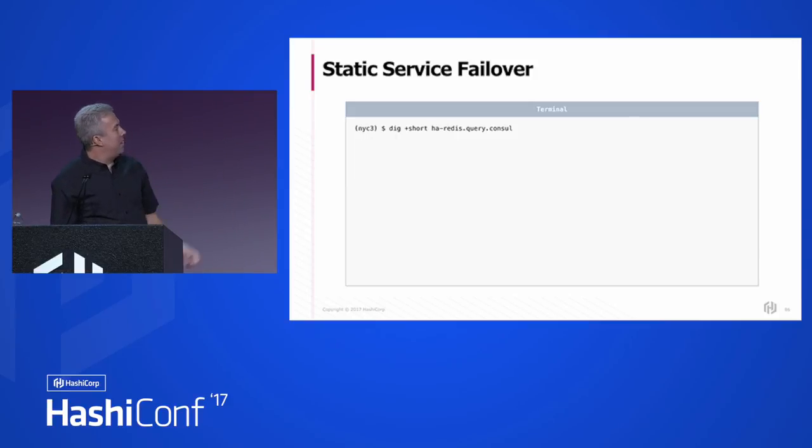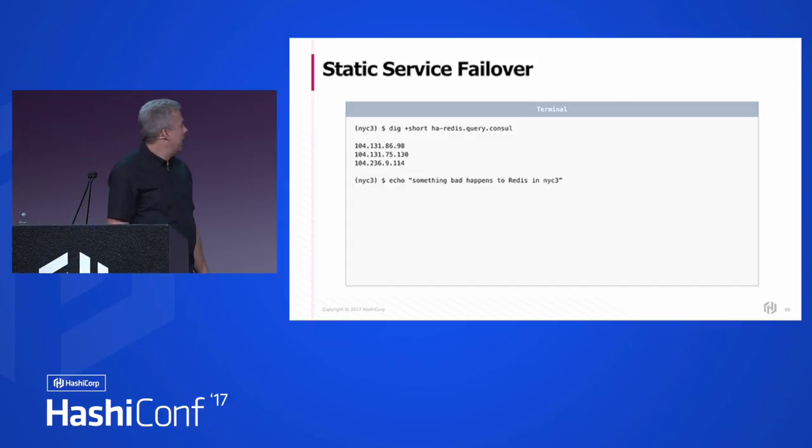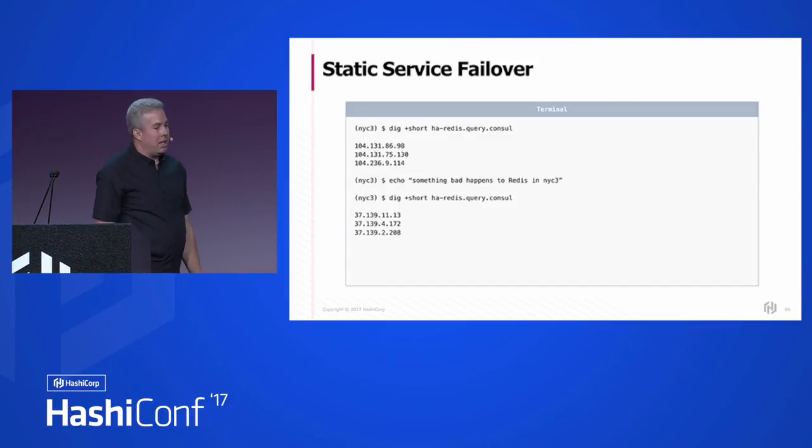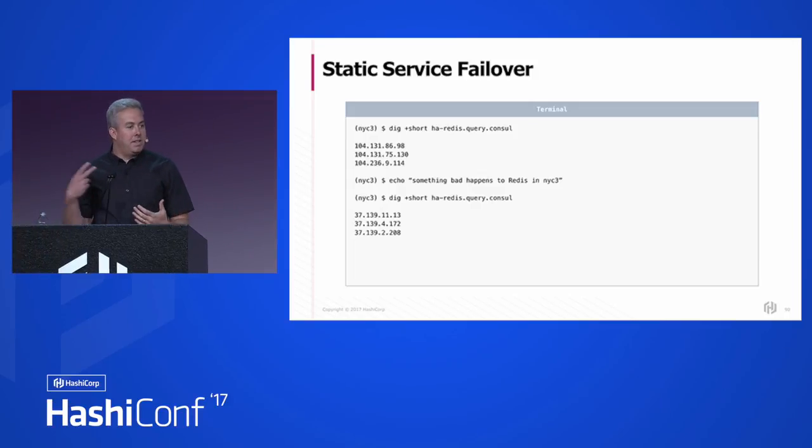By defining something, I had a query called HA. So if I dig for ha.redis.query.consul, it finds the ones in New York, everything's fine. Say something bad happens and all those go down in New York, I run the same query again and I get the ones in Amsterdam. So I defined a static list of data centers to fail over to, and Consul just does that under the hood.